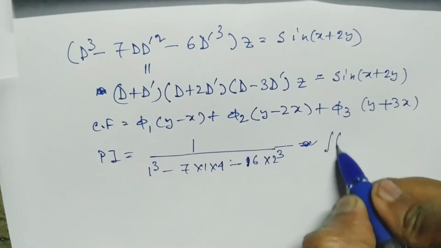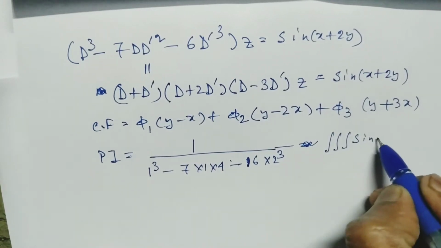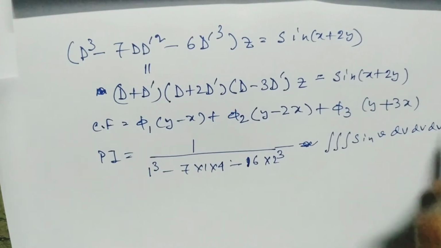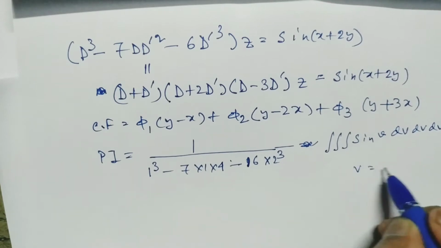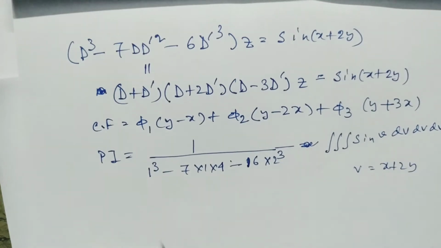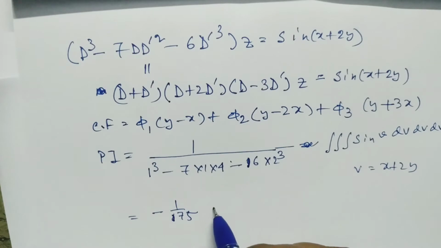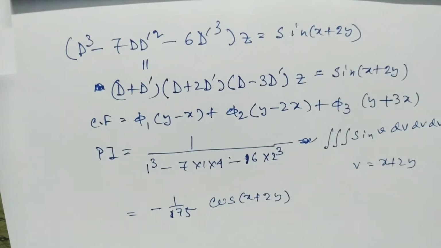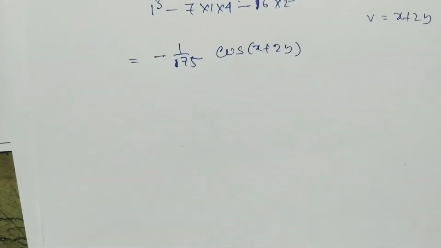Sorry, triple integration of sin v dv dv dv when v is equal to x plus 2y. Calculate this and you will find this is equal to 1 over 75 cos of x plus 2y. Next problem.